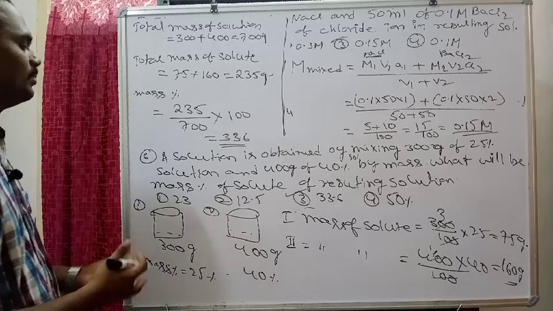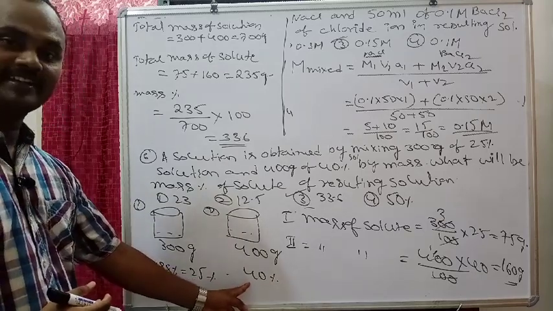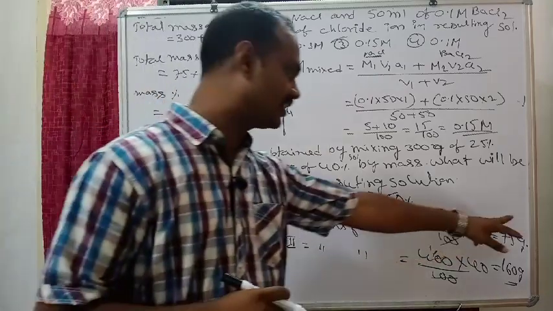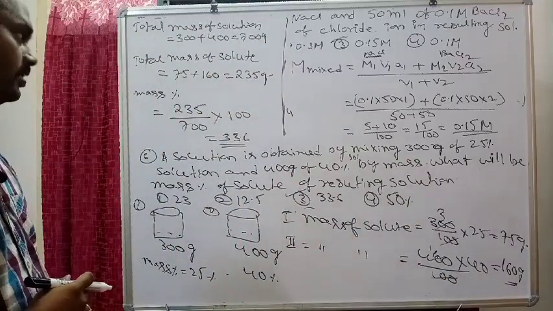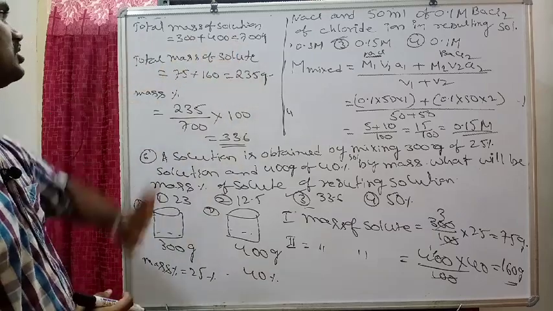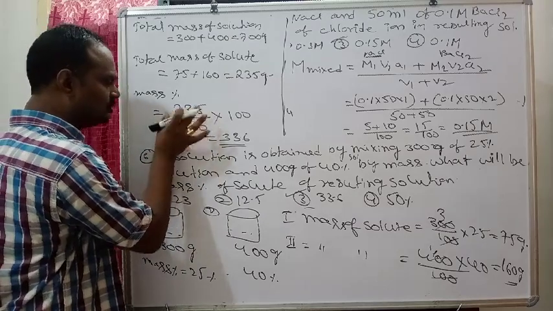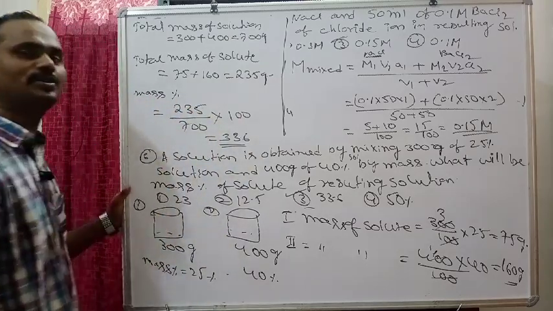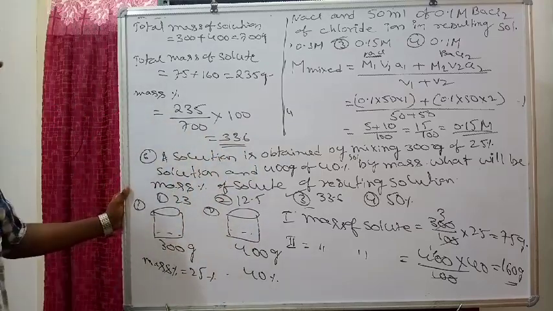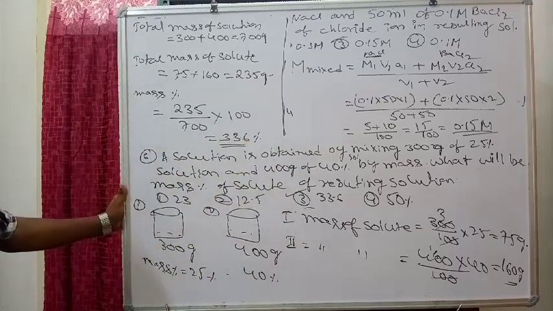When mixed, directly we can't add 25 plus 40 equals 65; that is a wrong answer. Separately we calculate the mass of solute. Total mass of solute is 235, total mass of solution is 700 grams. Mass percent equals total mass of solute by total mass of solution into 100. After substituting, we get 33.6 percent. Is it clear?